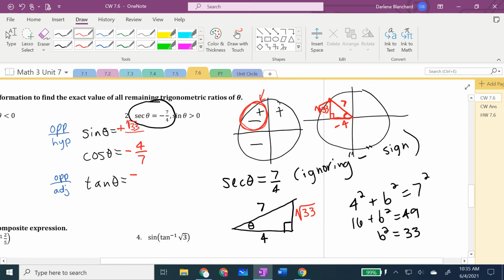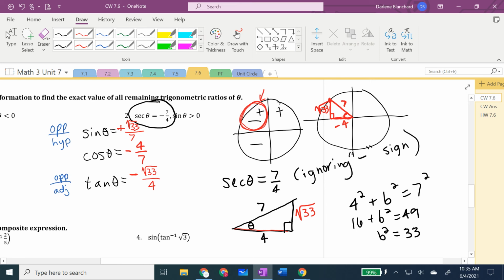What is my hypotenuse, that is 7. For tangent, I'm looking at what is my opposite side over my adjacent side. My opposite side is root 33. My adjacent is, I can either look at it as 4, or I can get the negative out of seeing that it is negative 4. One way or another, this should be negative root 33 over 4.